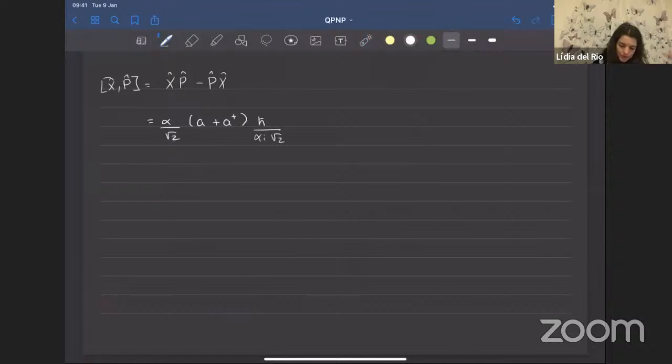And p is h bar over alpha i square root of 2, (a minus a dagger). This is xp minus px, so h bar over alpha i square root of 2, (a minus a dagger), now alpha over square root of 2, (a plus a dagger).